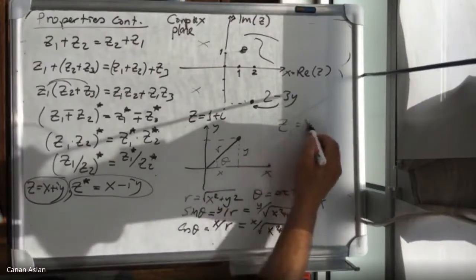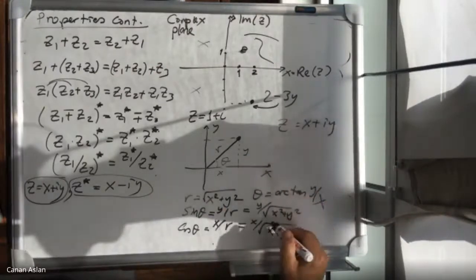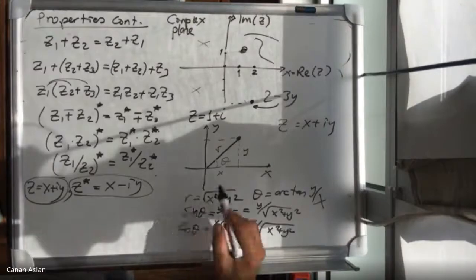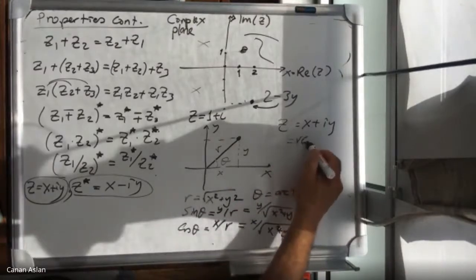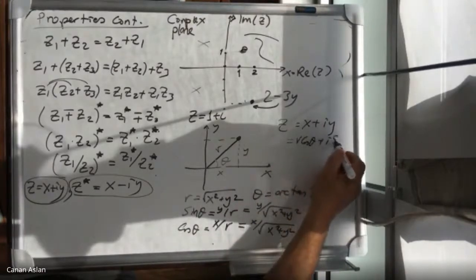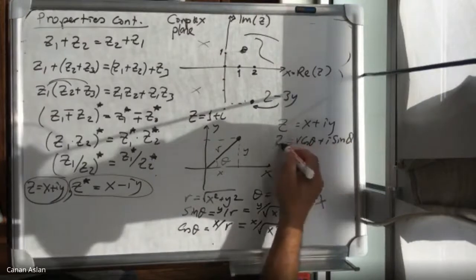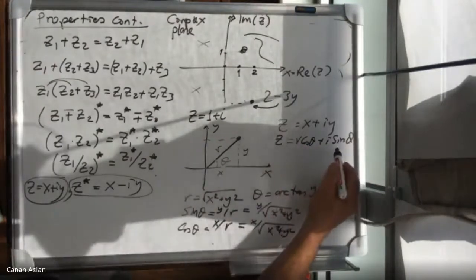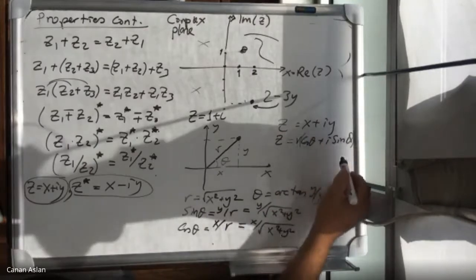Okay? So by using this, we can show that z, which is x plus iy, can be written as, since y is r sine theta and x is r cosine theta, r cosine theta plus i sine theta. So this is z, right? Again, you're factoring out r from here.